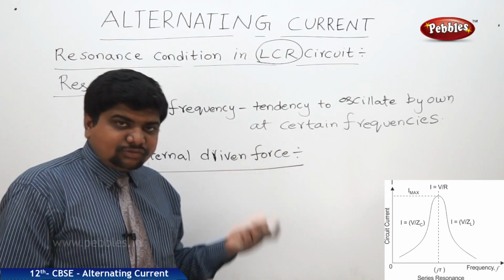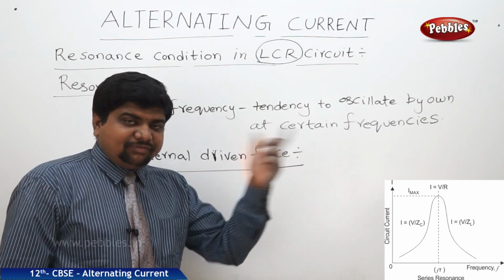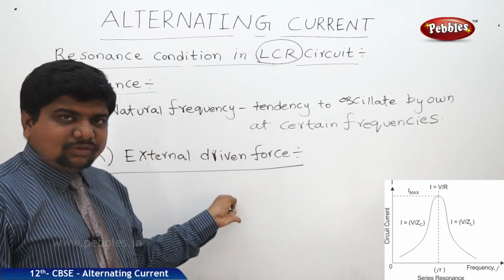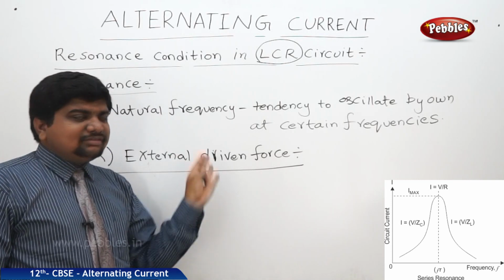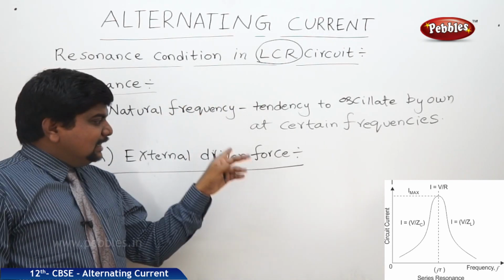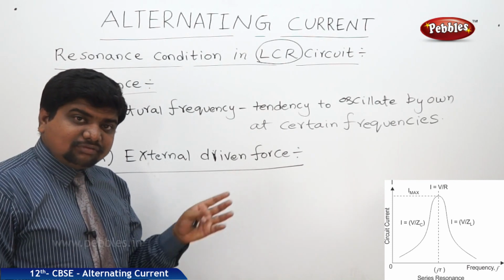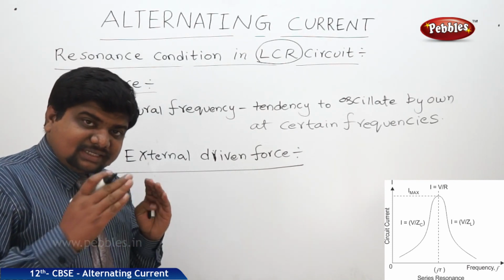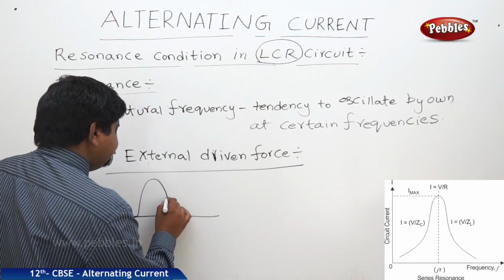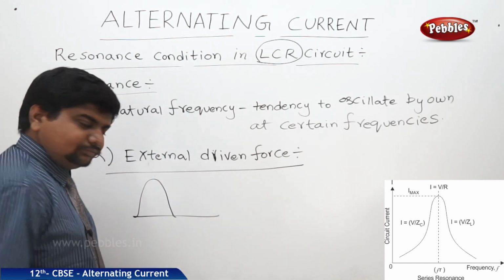So the external force applied on the LCR circuit, in the form of an AC source or any other form, is an external source which drives the LCR circuit. So there is a natural frequency and this external frequency, and both will mix. If both are the same, then the amplitude will be maximum.